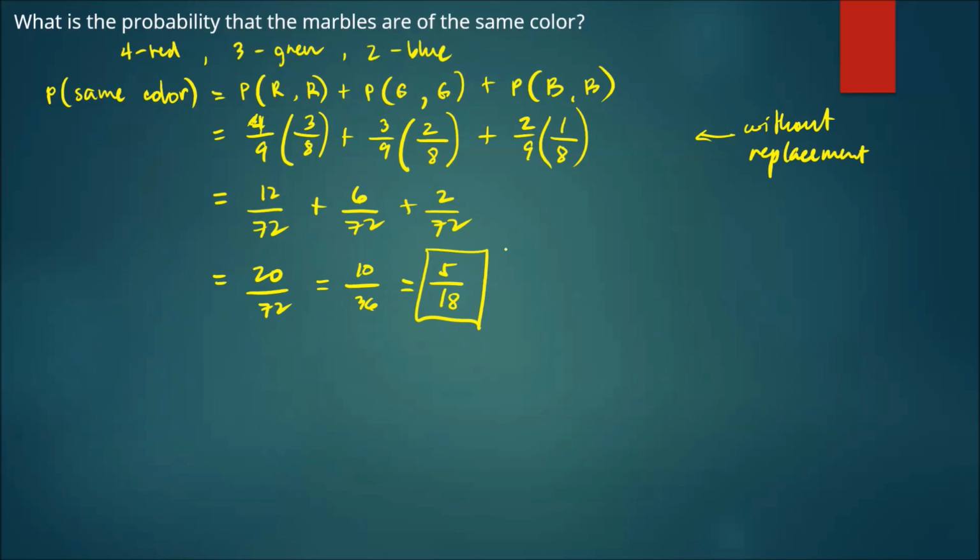You might want to compare this with our first example earlier, wherein it is with replacement, and you will notice that we are going to get a different probability. Okay, so that is the difference between independent events and dependent events.